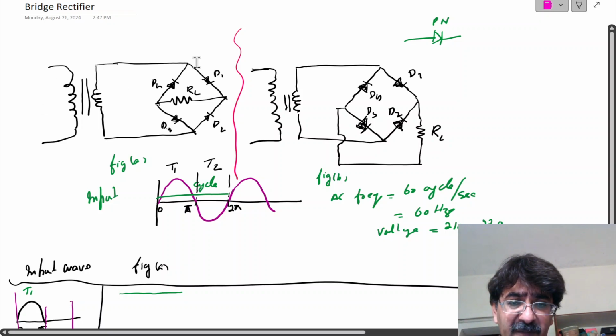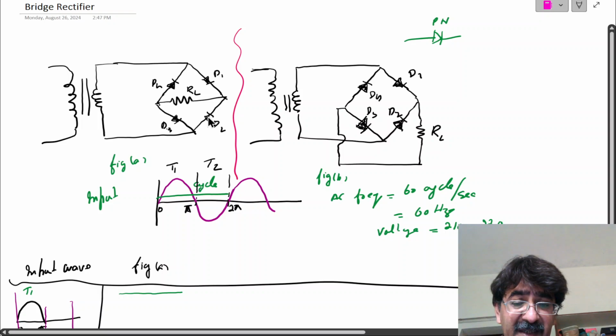So diode D1 has a higher value at P, and D2 will behave as an open circuit, because its N part is at the higher value.